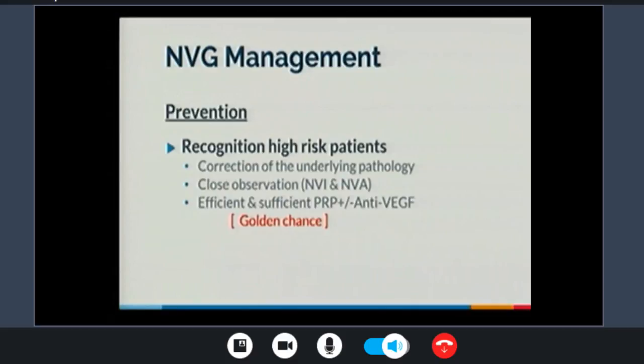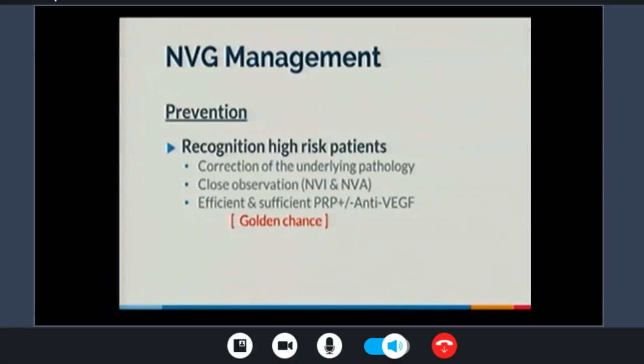At least, if you cannot do anything, watch the patient and correct his systemic condition. Give him a programmed schedule, and when he comes to you, look carefully at the areas you need to look at, the pupillary area, the angle, and so on.